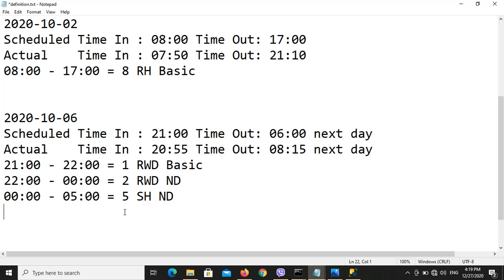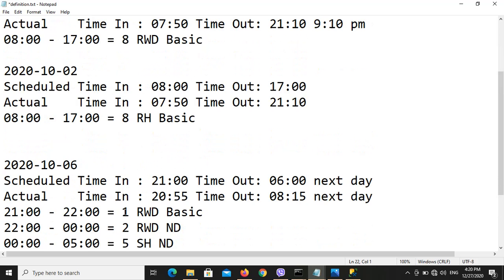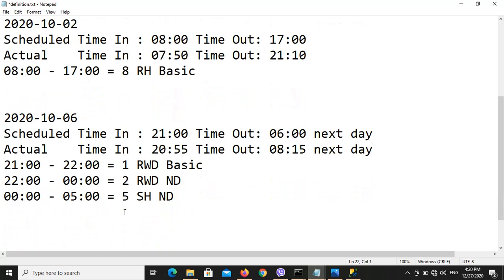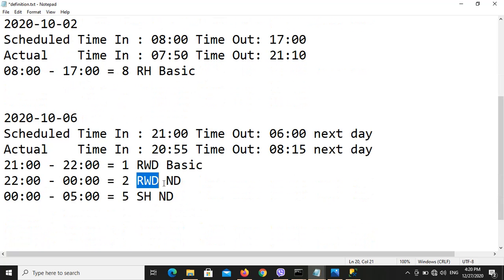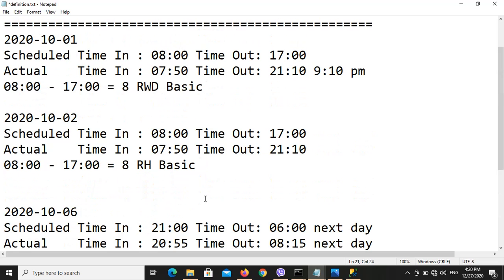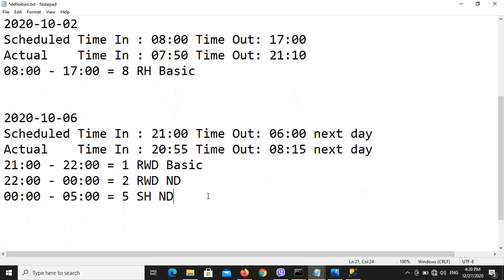Okay, so this is how we break down the attendance hours on October 6th. Actually, there are many patterns or many scenarios for getting the attendance hours, and for breaking it down. But I hope with these examples you already know the pattern.